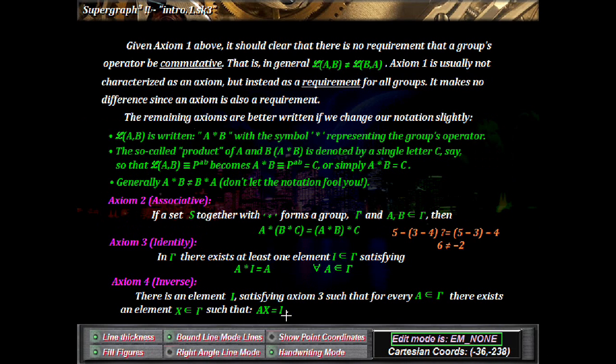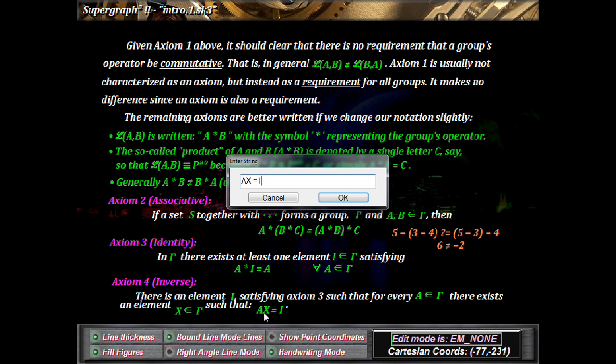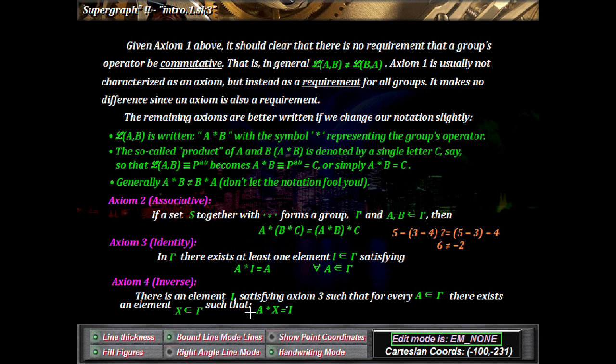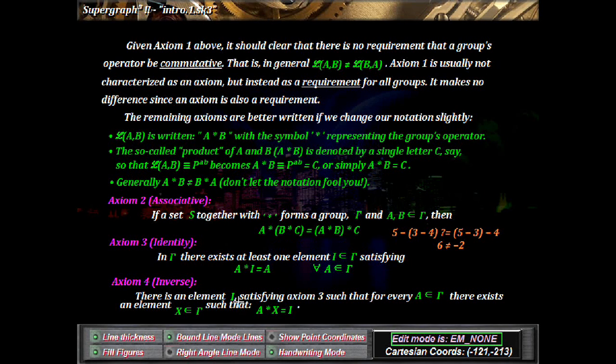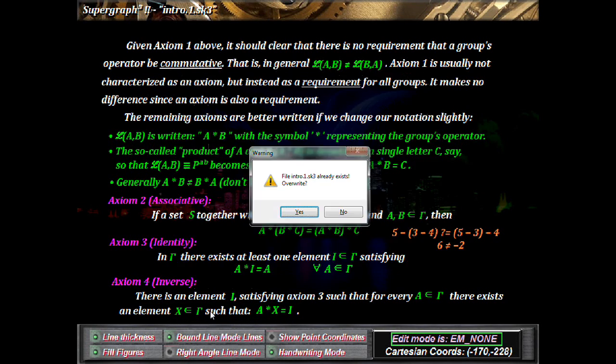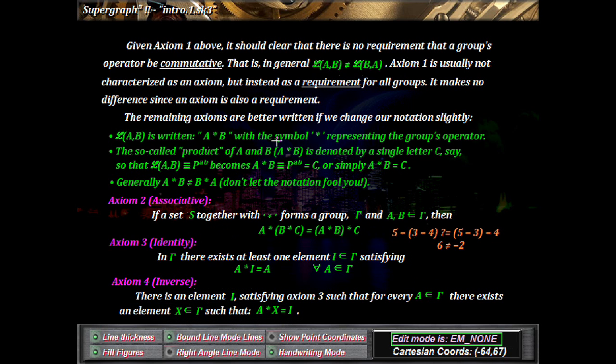Okay, sorry, I did have that backwards. The X here is actually also missing a star. There we go. Okay, so everything is well defined.